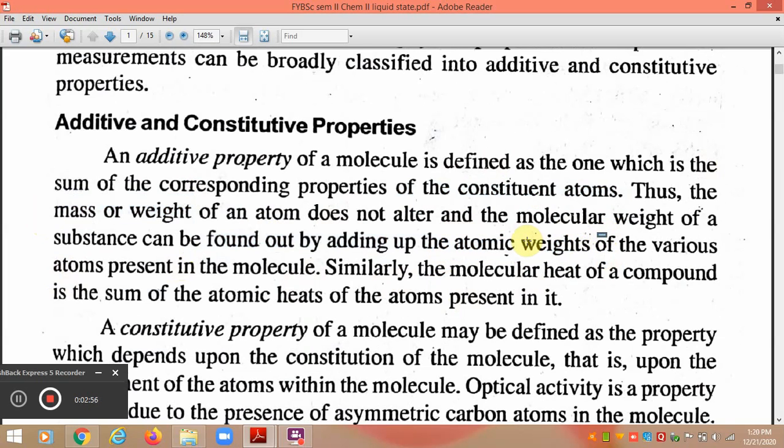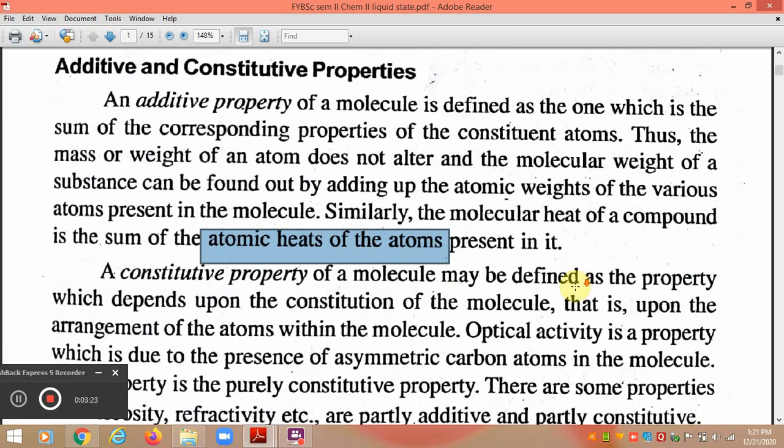That's why molecular weight or molecular mass is called an additive property. Similarly, the molecular heat of a compound is the sum of the atomic heats of atoms present in the molecule. That's why molecular heat is also called an additive property.